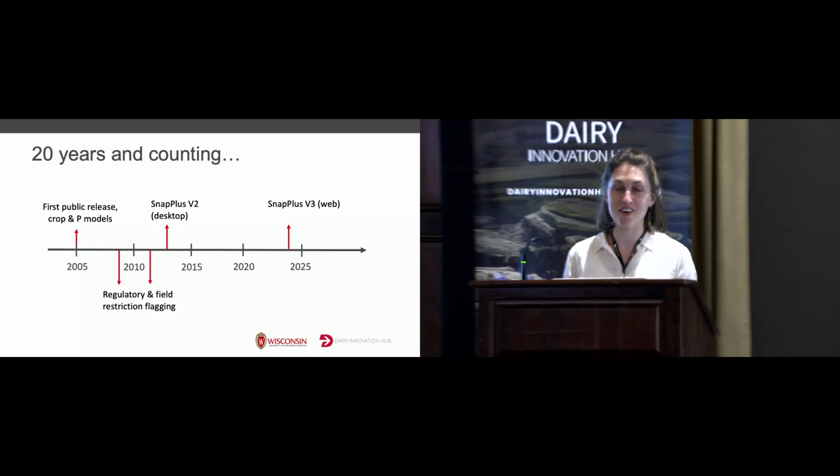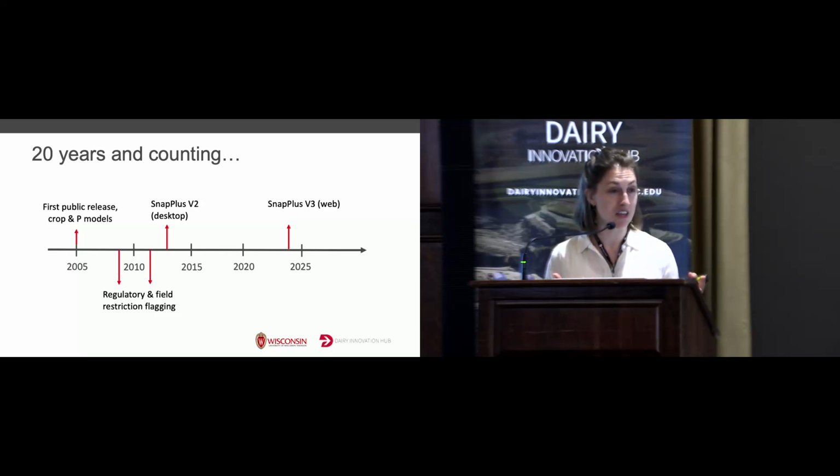And then our graduation to a full-blown desktop software right around 2013. And one of the biggest things that our team is currently doing, with a lot of help, is transitioning to a web-based software that we call SnapPlus version 3. That we launched last year and has been a major project of updating not only the software interface, but a lot of the underlying models and data and improving the way that this can be used and be relevant on Wisconsin farms.